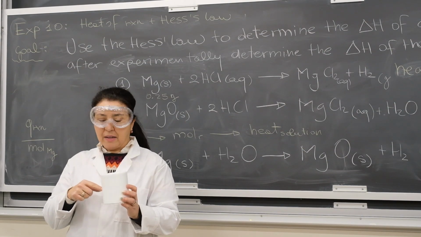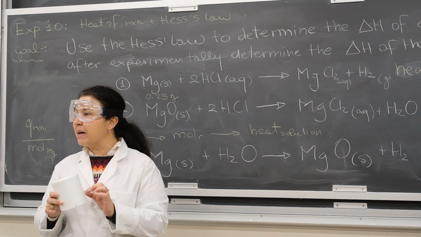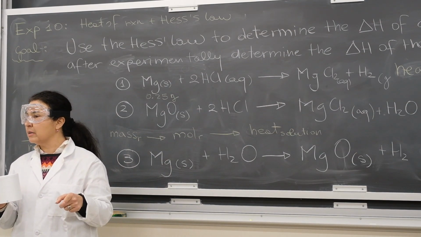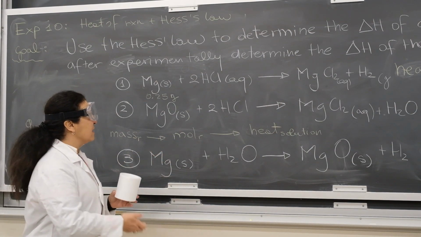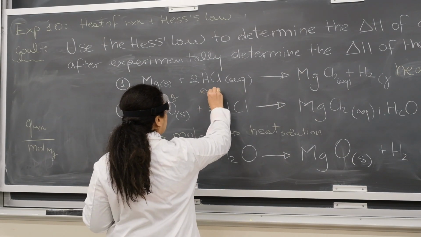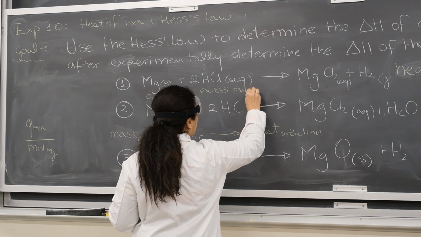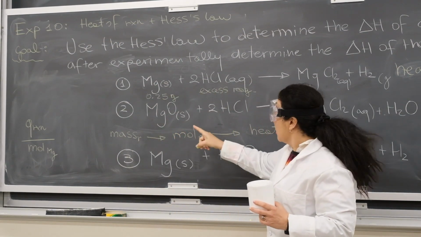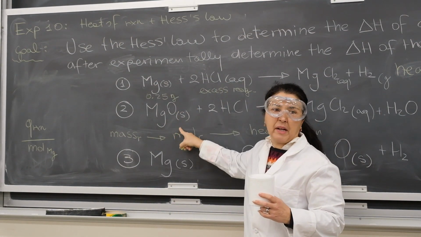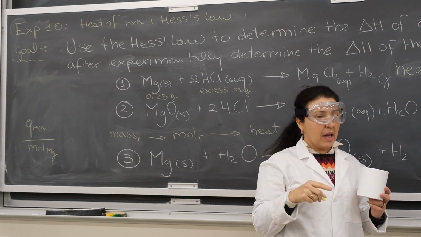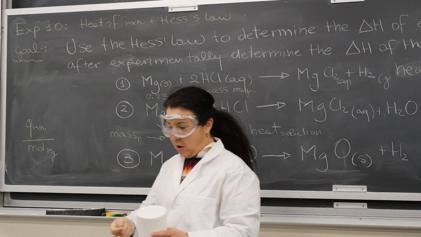Also keep in mind that if you see that not all the magnesium oxide reacted, you have to repeat the reaction. The hydrochloric acid is our excess reagent in both reactions. So if these two are not completely consumed, that means that things didn't go well in your reaction and you have to start all over again.